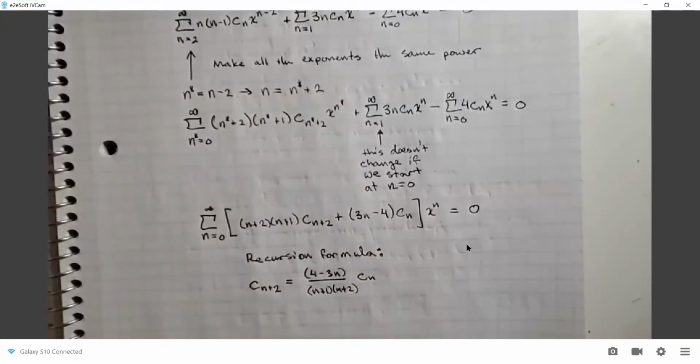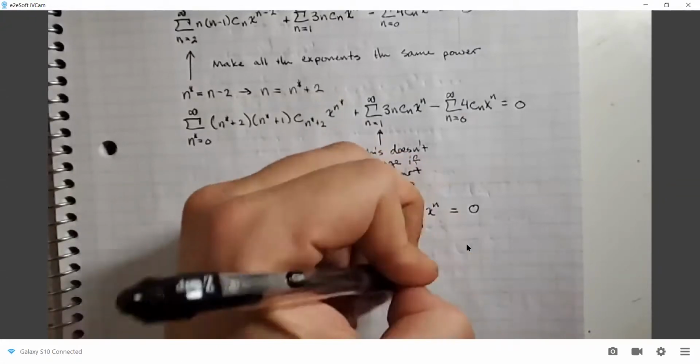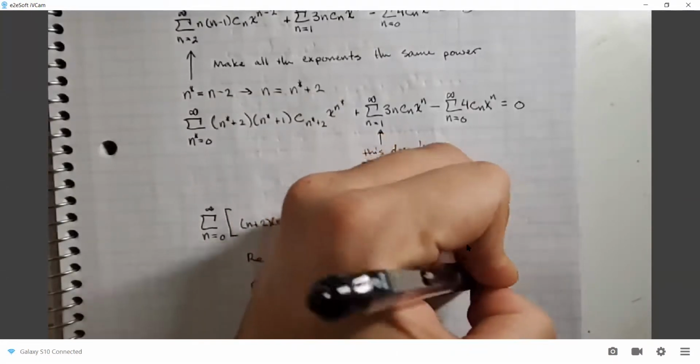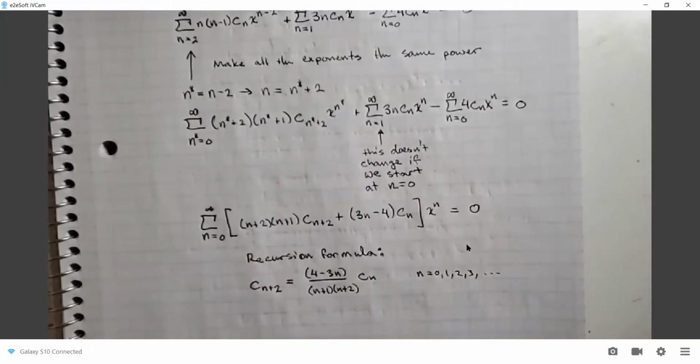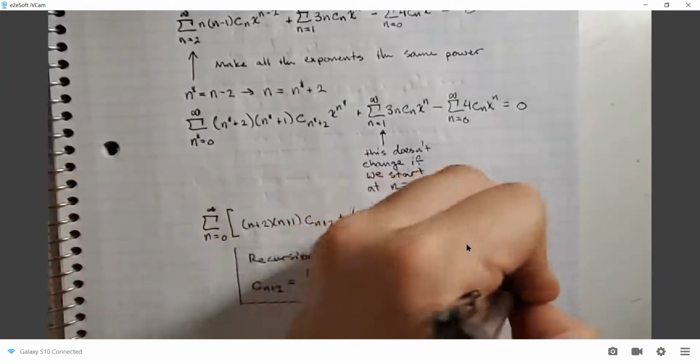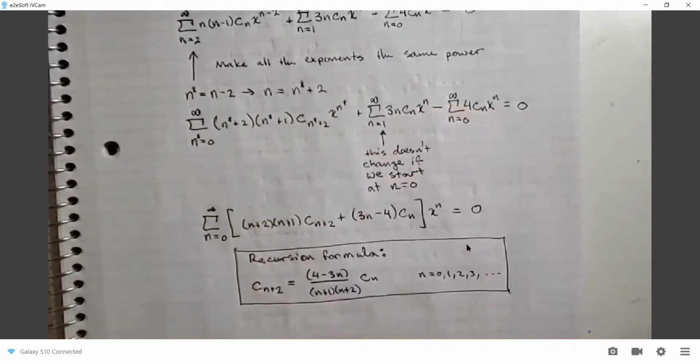Okay. And then with this recursion formula, we use n equals 0, 1, 2, 3, etc. This is what we're going to do to generate all of our c's.